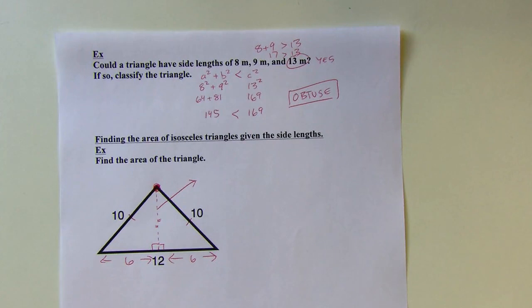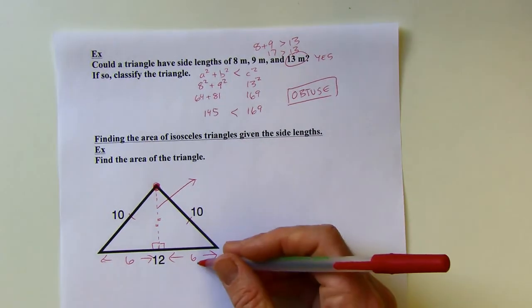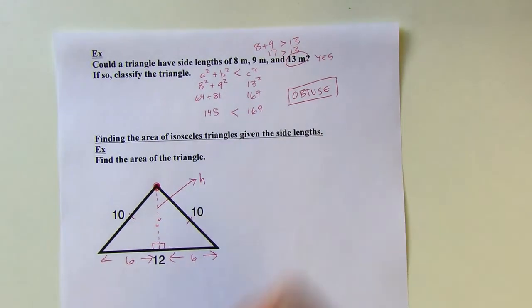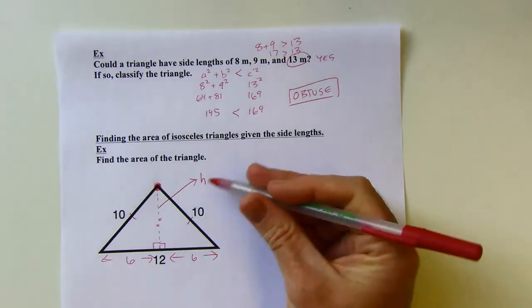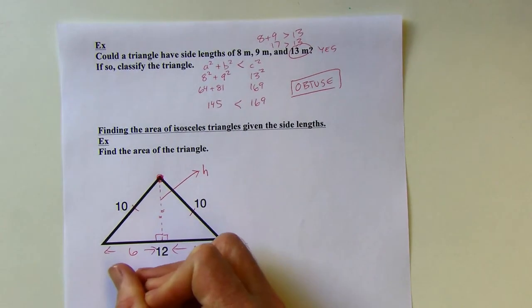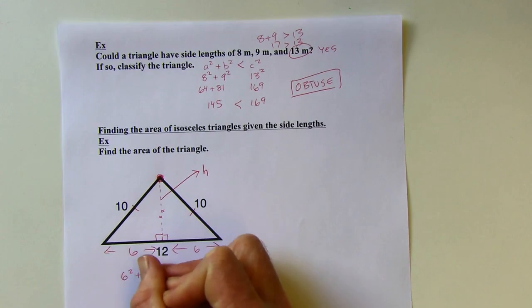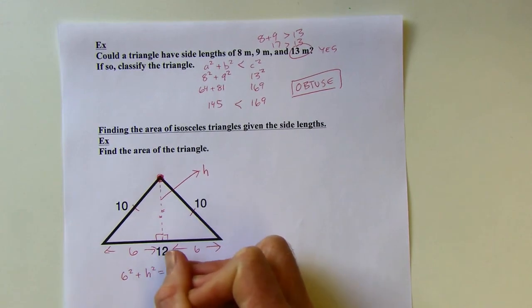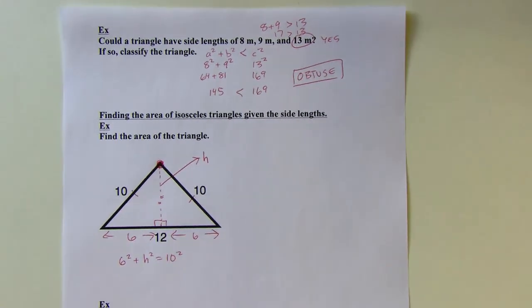All right, so now I can use the Pythagorean theorem, right? If I'm going to call this h for the height of the triangle, I can say 6 squared plus h squared is going to equal 10 squared. One nice thing about Pythagorean triples, you might recognize, oh, this is going to be a 6, 8, 10.